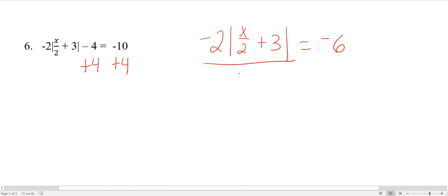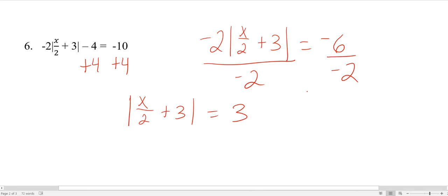I'm then going to divide both sides by negative 2. I'm left with the absolute value of x over 2 plus 3 is equal to negative 6 divided by negative 2, which is a positive 3.